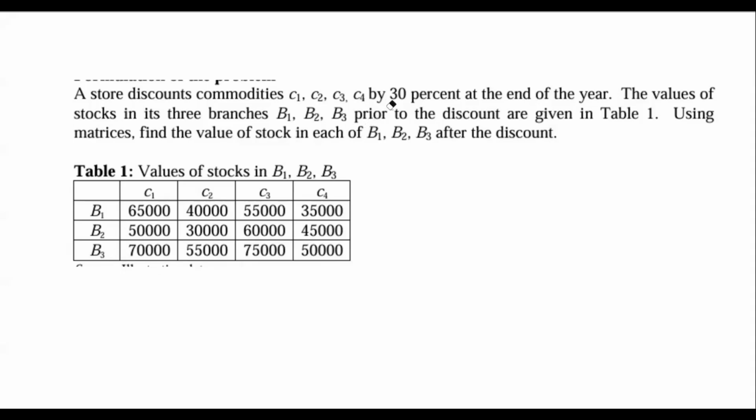Would you multiply by 30% or 70%? Which one? Think. 30 or 70%. Notice they want the value of the stock after the discount. They don't want to know the discount. They want to know the discounted value, right? Keep that in mind.